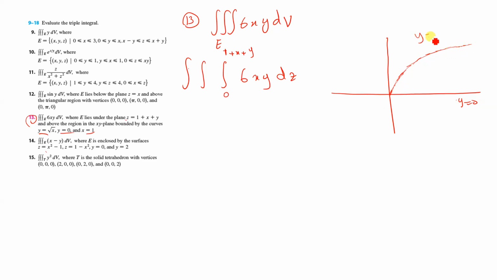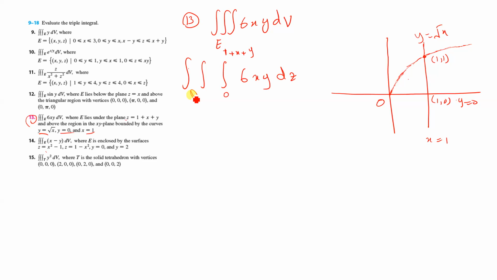This is y is equal to square root of x, and x is equal to 1 is the line parallel to the y-axis. This point is 1, 0. Since when x is 1, y is also 1 on the curve, the point of intersection of the curve and the line x is equal to 1 is 1, 1. So this is the region D on the xy plane.